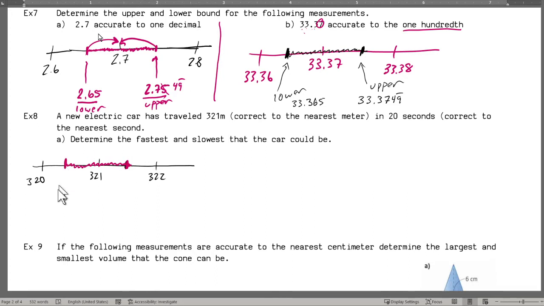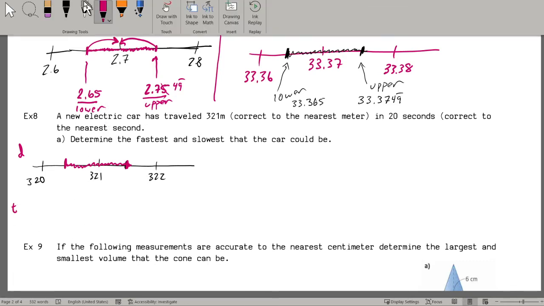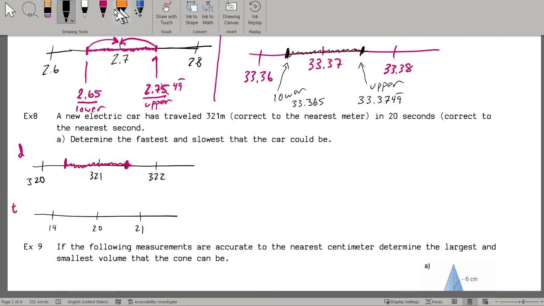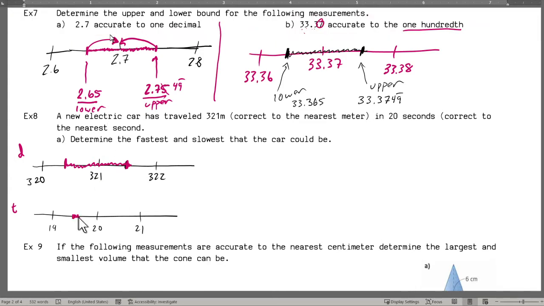Okay. Then this is the distance. For the time, we've got 20 seconds, 19 seconds, and 21 seconds here. So my time could have been anywhere between here and here.